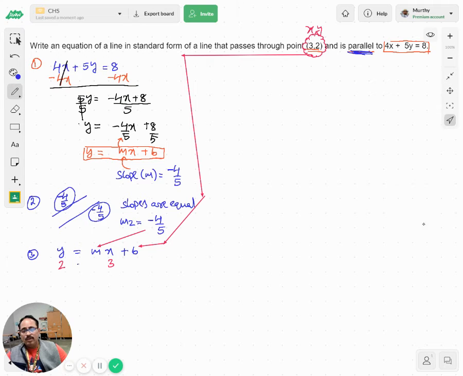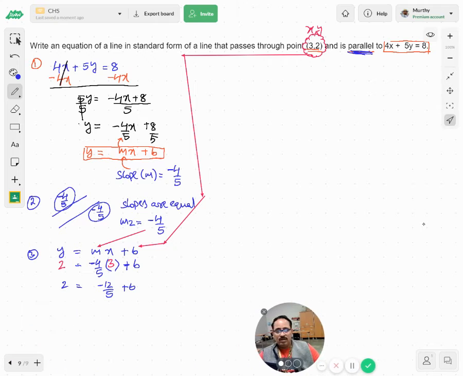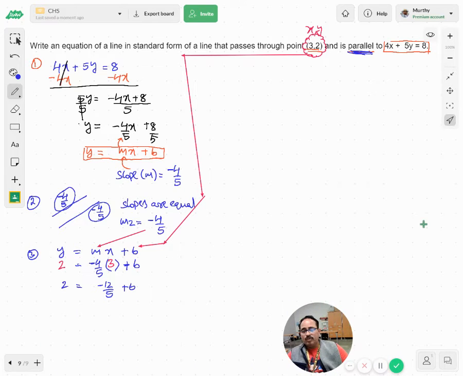Now let me plug in the slope value, which is negative 4 over 5. And let's assume that we are not sure what's the value of b, which is the y-intercept. So negative 12 over 5 plus b equals 2. Then let's compute the value of b.